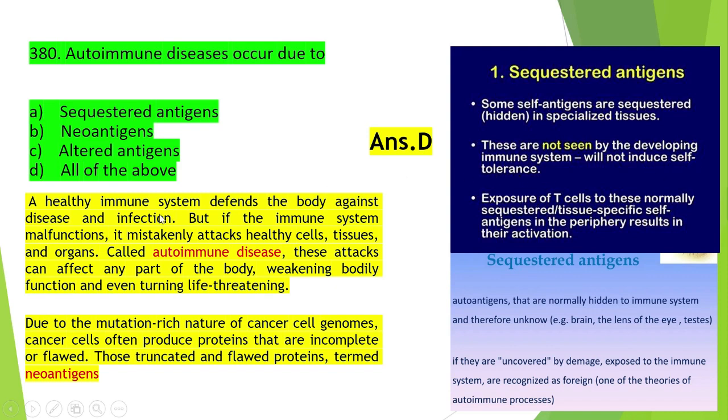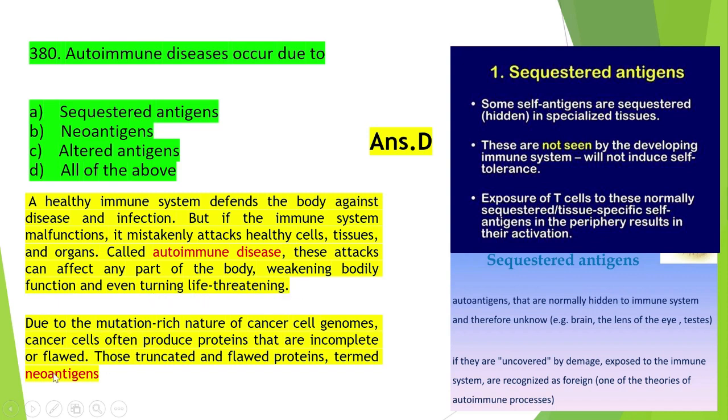A healthy immune system defends the body against disease and infection. But if the immune system malfunctions, it mistakenly attacks healthy cells, tissues and organs, called autoimmune disease. These attacks can affect any part of the body, weakening bodily function and even turning life threatening.